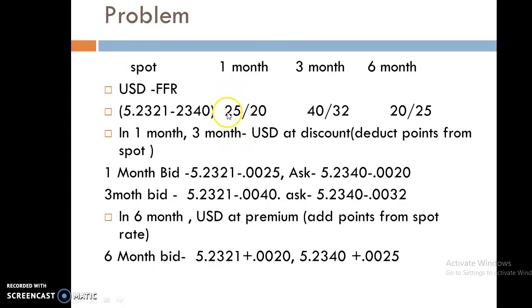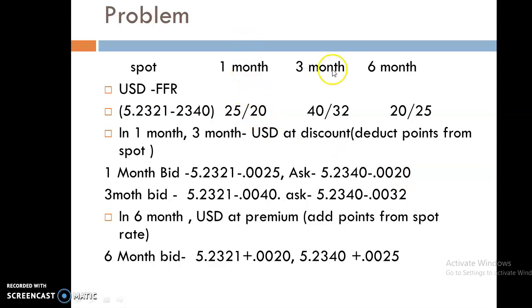And the first pip is greater than the second pip. The principle is deduct the pips from the spot rate. So you want to calculate the 1 month bid rate in the forward market. So the 1 month bid rate equals 5.2321 minus 0.0025. And the second one, the 1 month ask rate you want to calculate: 5.2340 minus 0.0020.